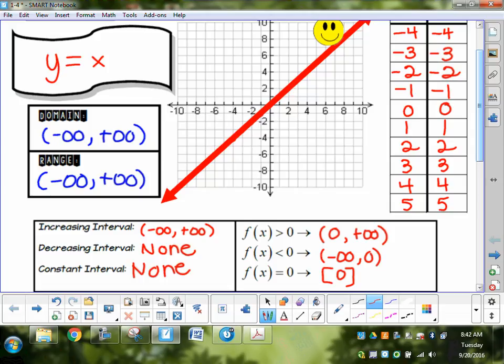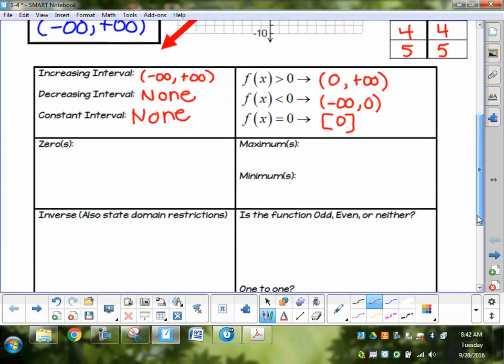There are some questions we are going to be able to answer. One of them is the zeros of this. How would you find the zeros of a function? Zeros are the same as the x-intercepts, and the way that you find them is to set y equal to 0 and solve it out. So this would be y equals x.